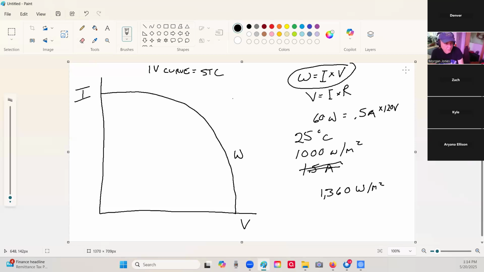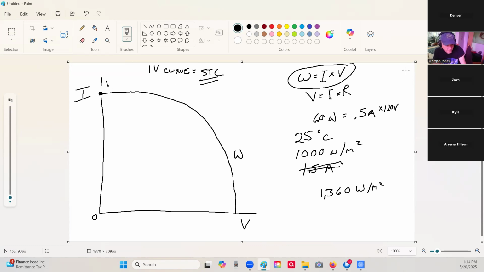So anyway, this is what the IV curve is doing and is measuring. Under this curve, this is 0 at that axis point. So up here, this is the theoretical maximum amps that panel could produce under standard test conditions.